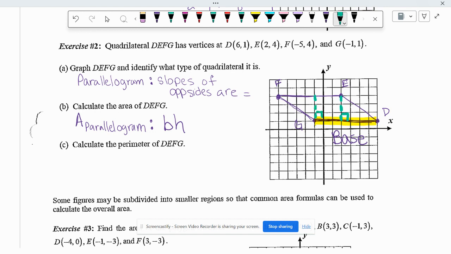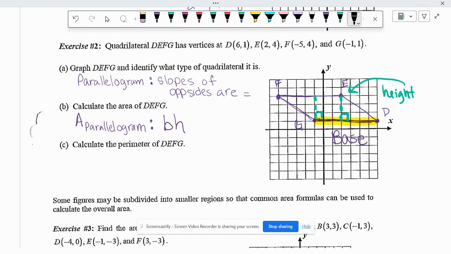Either one of those represents your height. Both are perpendicular to the base, and both show how high your parallelogram goes. And the orientation is nice, so I don't have to do any real measurements. I can just count.